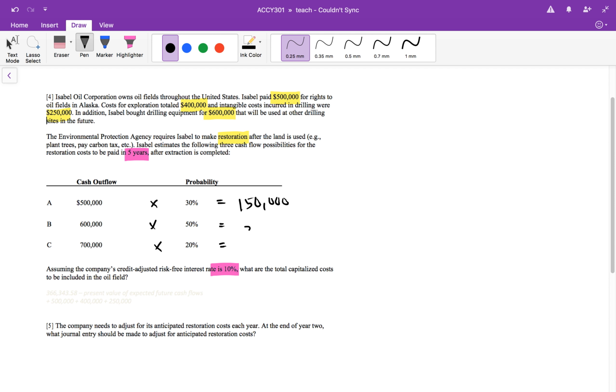Second one around 300,000. Last one would give us around 140,000. So after adding these up together, you would get $590,000.